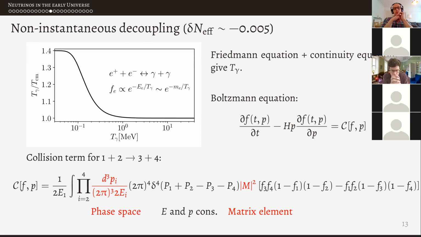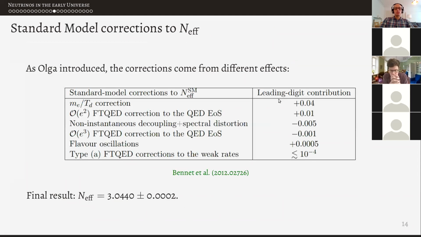So if you do this calculation, then you get another shift of the value of N_eff, which is also noticeable. So if we go back to our table now, we have covered the first 3 corrections, and I'll skip the 4th one. That's another finite temperature QED correction, and then jump to the flavor oscillations.